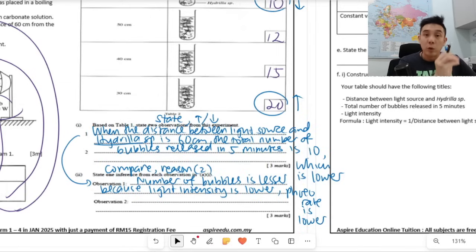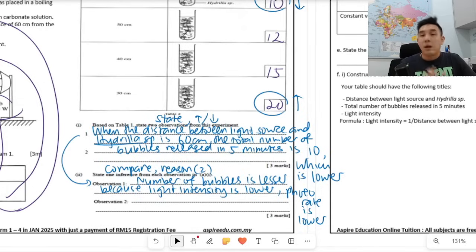You are very safe when you write both MV and RV. Yeah, because the MV is what causes the RV to be as such. Light lesser, lower rate of photosynthesis, less air bubbles produced.